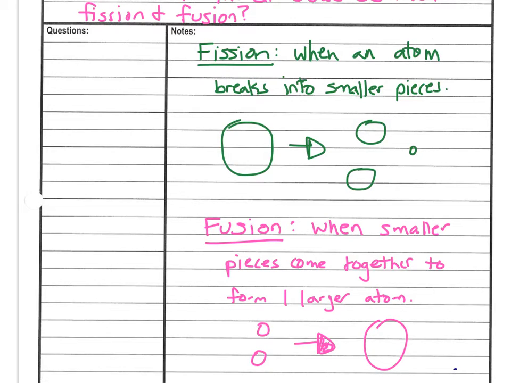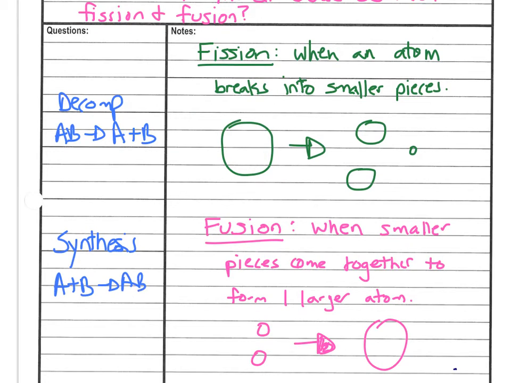Remember in decomposition, which I'll jot over here, we had AB stuck together and then it broke down into A and B. And synthesis was the opposite, where you had A and B coming together to make AB. It's going to look the same way here, except instead of compounds and atoms coming together or breaking apart, we're going to have the pieces of atoms coming together. So they're going to look like those nuclear reaction equations we watched in Objective 2.